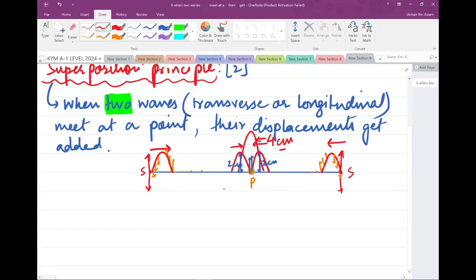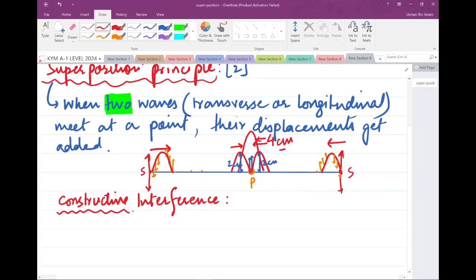Such meeting of the waves is called constructive interference. That means when two waves meet so that their amplitudes get added to give you a larger amplitude, such meeting of two waves is called constructive interference.